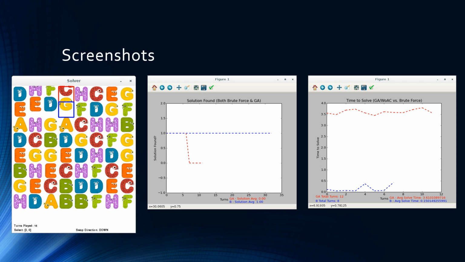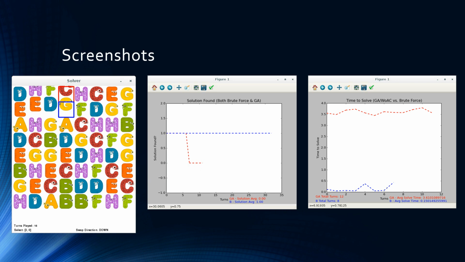Also, in these screenshots, I included a handful of other items. First one being the solution found. It's either 1 or 0. 1 means that there was a solution found, 0 means that there was not. In this case, there was a solution found.